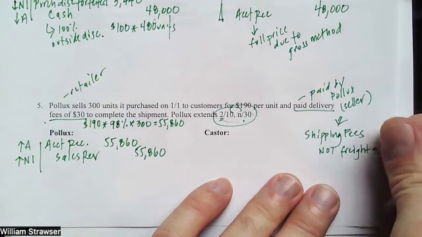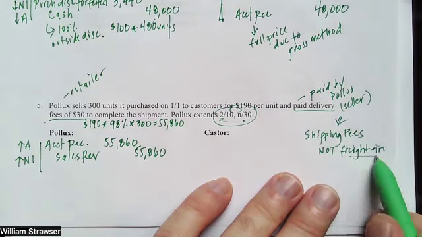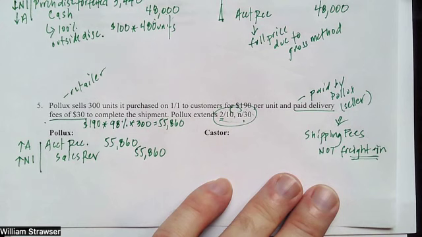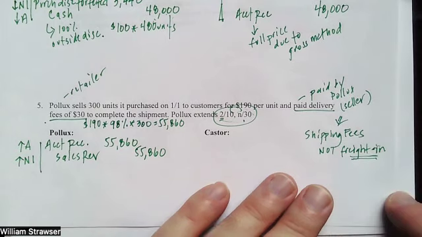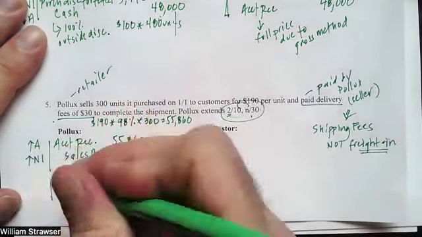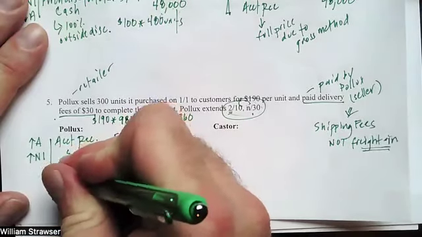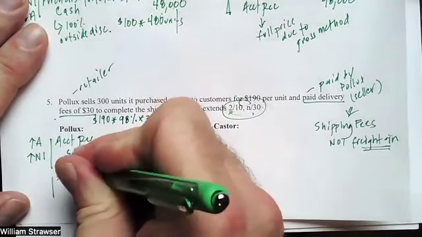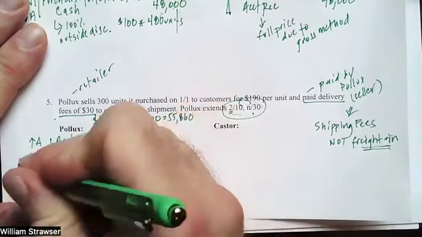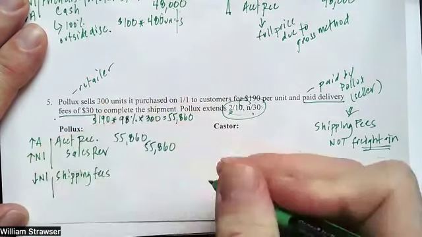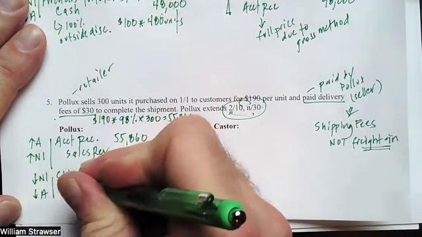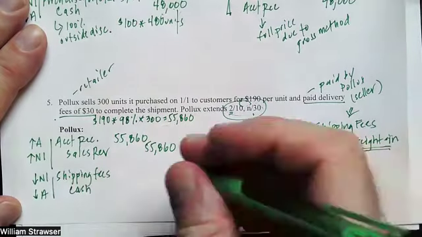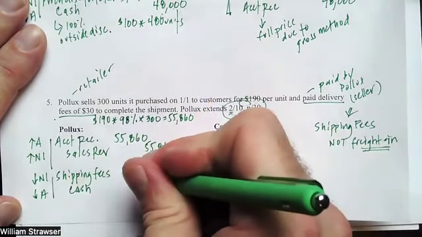Freight in is only used when we're purchasing inventory, bringing it to our place of business to be sold, not when we're paying to have it sold and shipped somewhere else. In that case, shipping fees are just a selling expense, reduces net income, and also cash. And it just said $30, not 30 per unit.